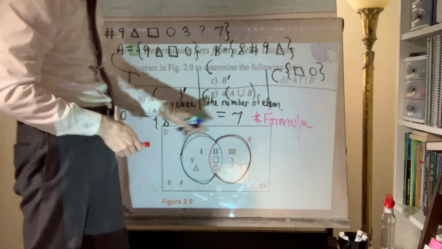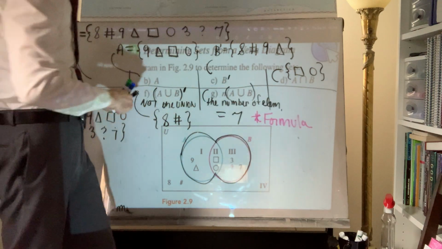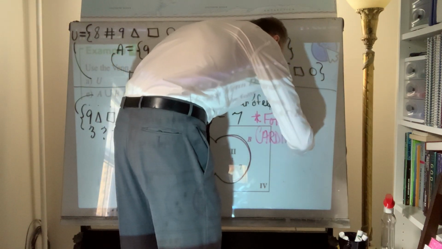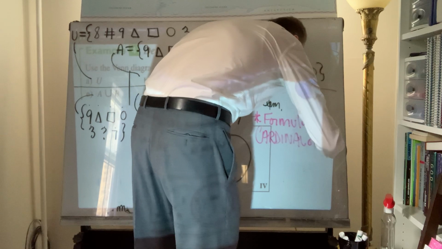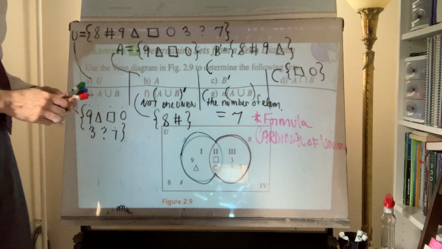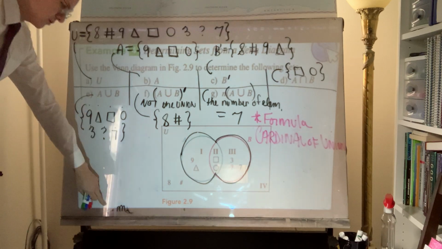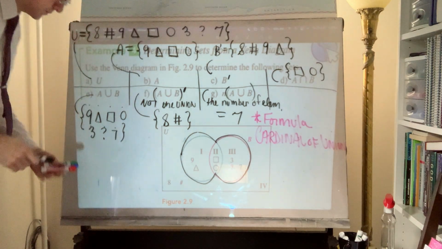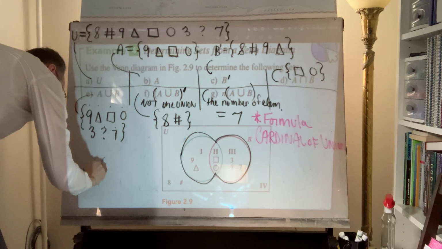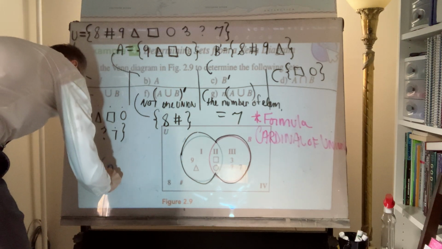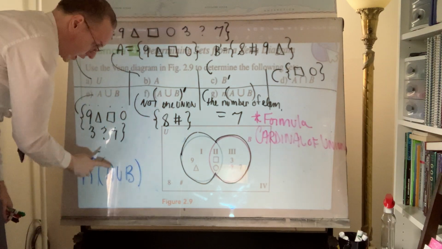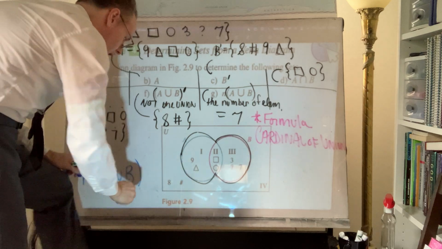It's called the cardinality of a union. So if you're asked this question, I'll write it down here because I'm a little short on space. If you were asked this question, the number of elements in the union of A and B, and I should technically say A or B, right?